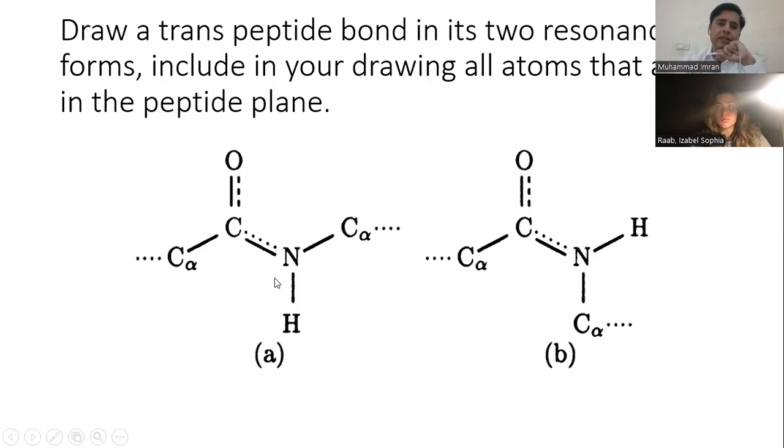That's why this peptide bond has stability, because of this trans structure and its resonating double bond. It is rigid and cannot change its shape, due to the presence of that resonating double bond between CO and CN, which is a peptide bond.